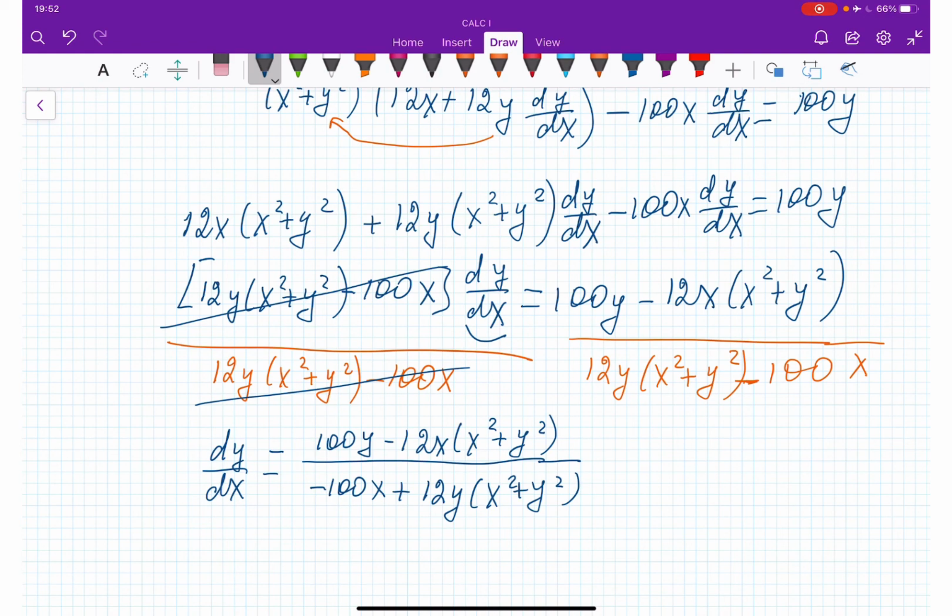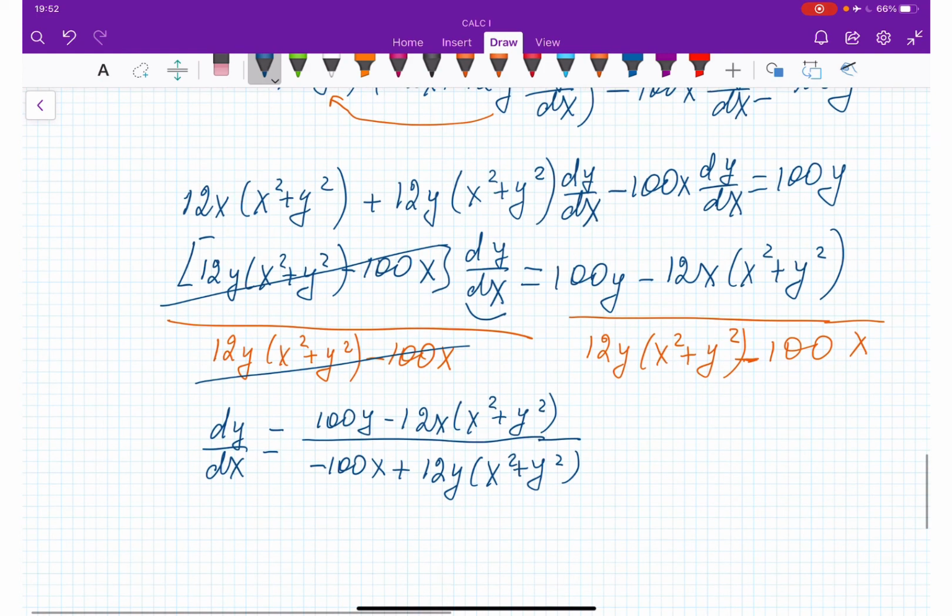so from here, what am I going to do? I can take 4 out of parentheses in the numerator and denominator. Take 4 out of parentheses, and I will have 25y minus 12x minus 3x (x squared plus y squared).